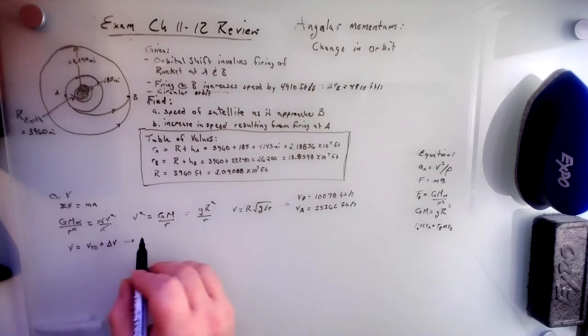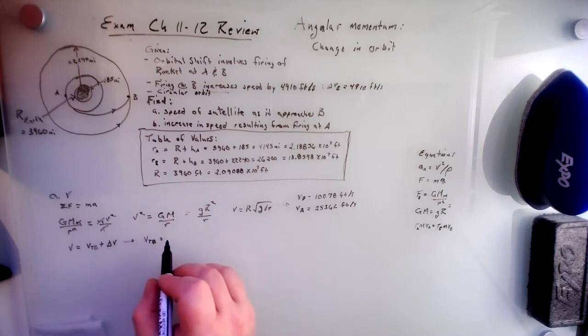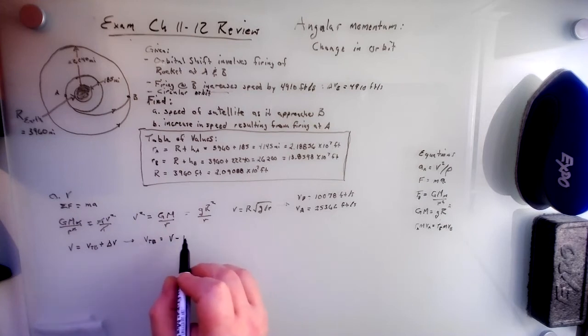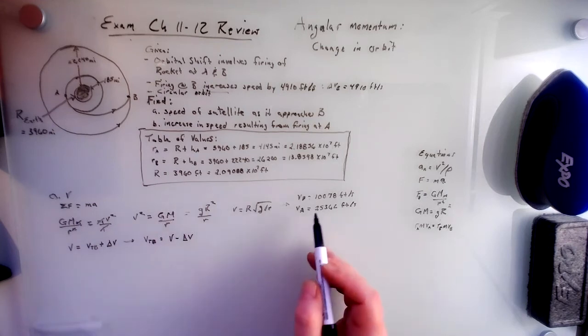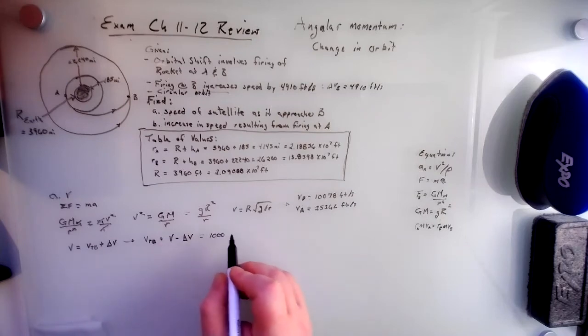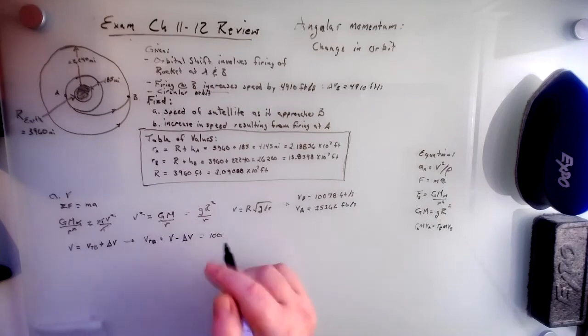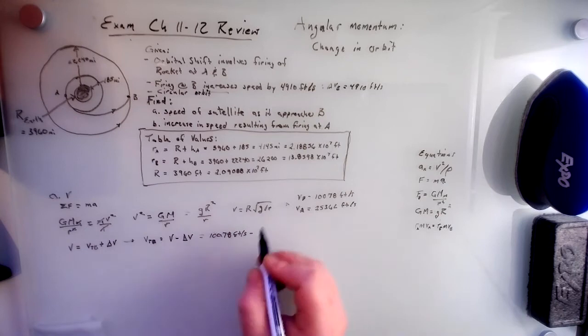All right, so just rearranging the equation, VT at B is equal to V minus delta V. And we have those values. So it is 10,078 feet per second minus 4910.